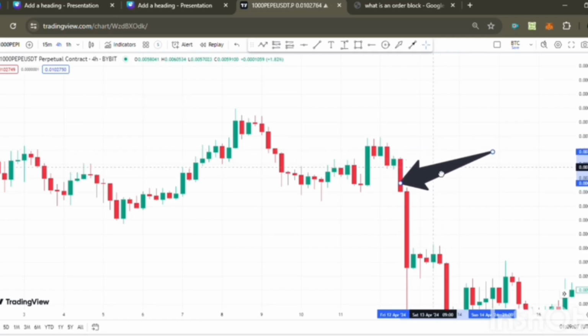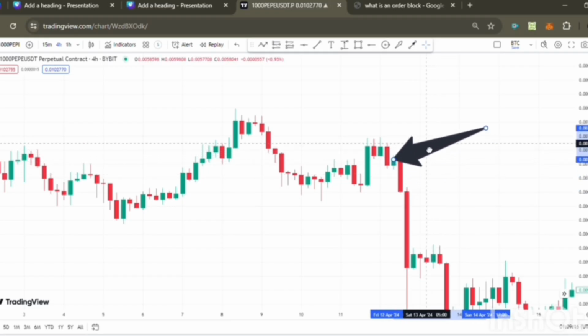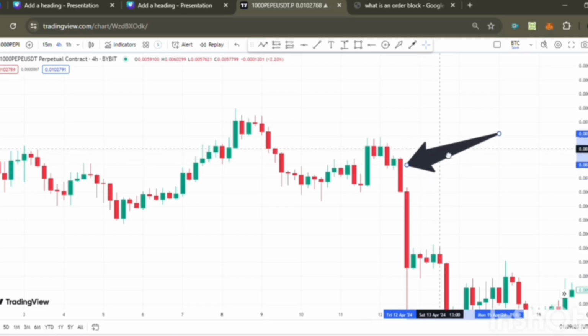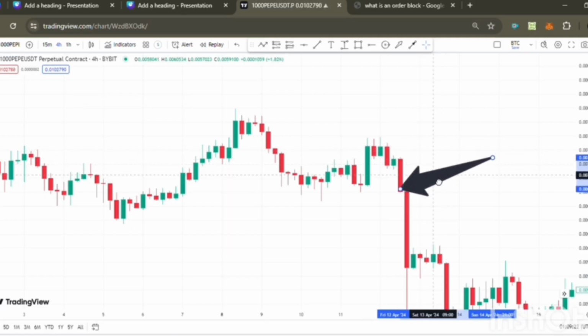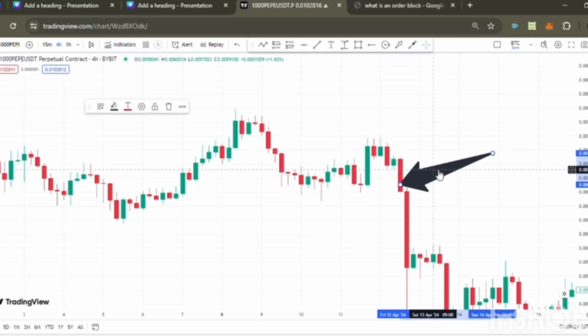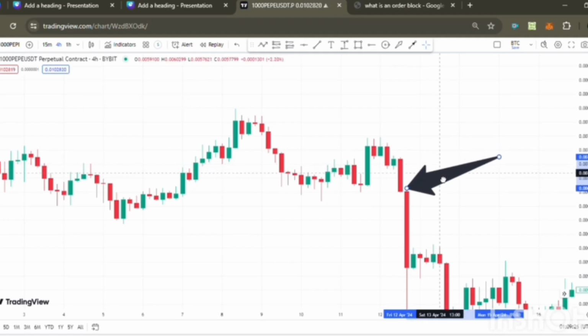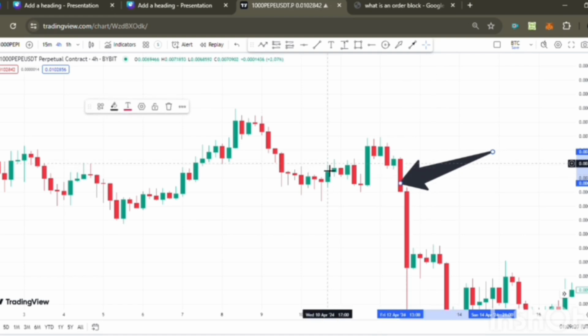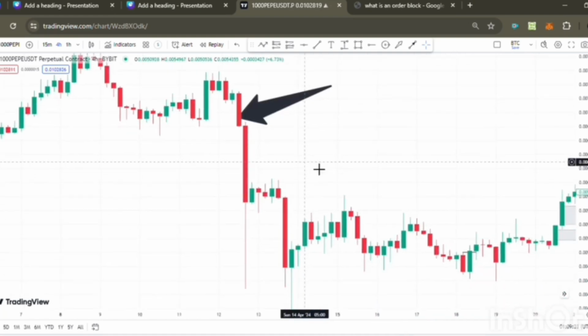We can now say that there is a market imbalance here. So since it does not meet all the requirements, the order block is not that strong, but we can still consider it. This is a simple market sentiment.